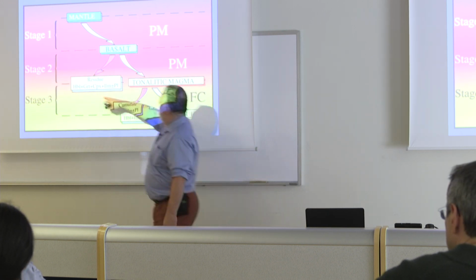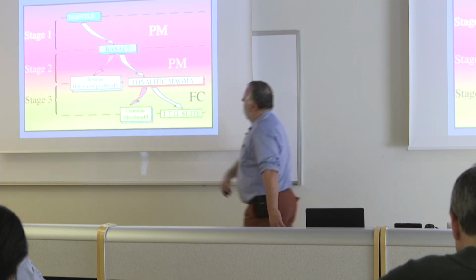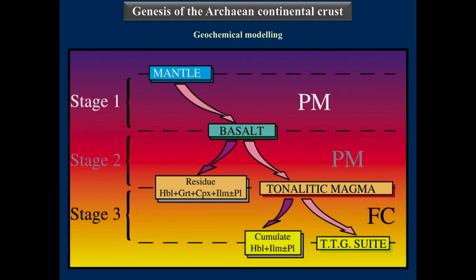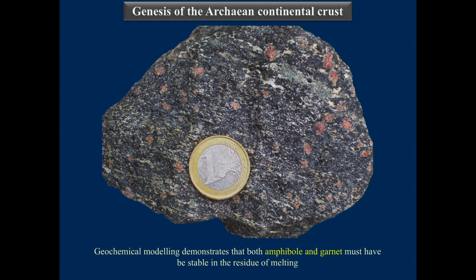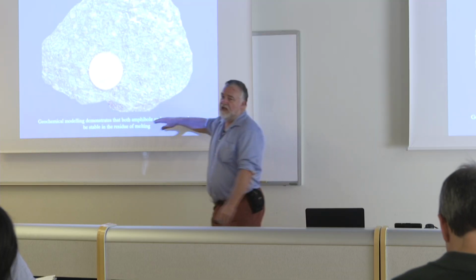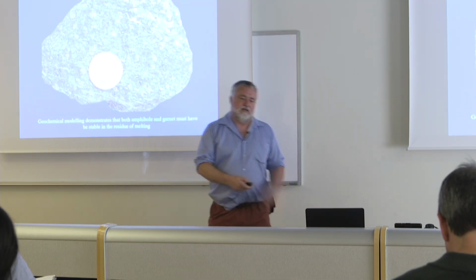So here it will also play a role, garnet here. So here is probably the kind of rock that was able to melt. You can see an amphibolite, so there is amphibole in black and garnet in red. And keep this in your memory. The important point is the presence of amphibole and garnet. We need to have amphibole and garnet in the residue of melting.